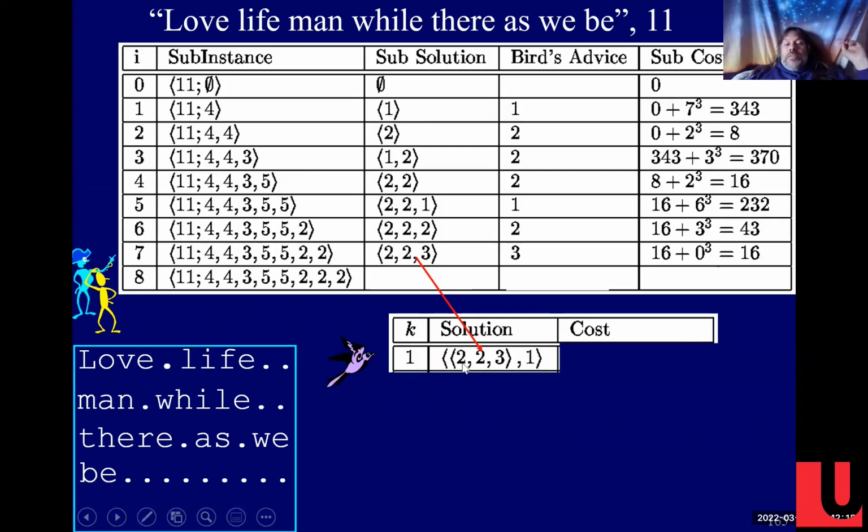So there it is. What is our solution? We trust the bird who said put 1 word on the last line. We trust our friend who said put 223 on those lines. And that gives us our solution. It's a combination of our friend's advice and our bird's advice. Does that make sense?